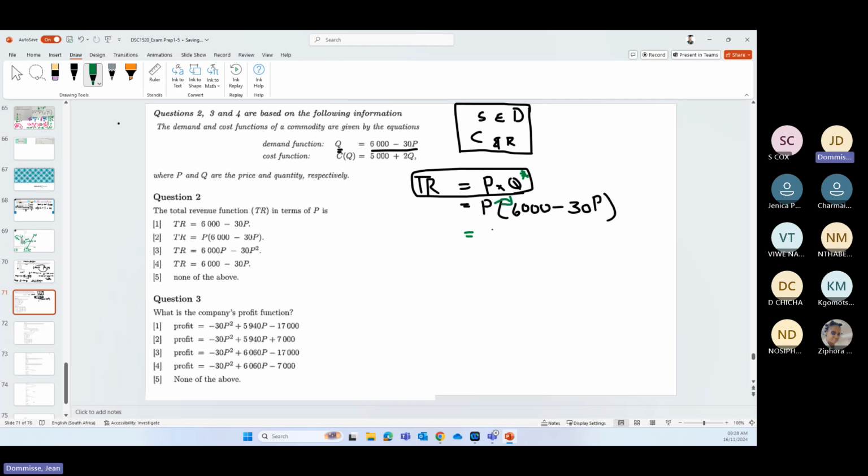P times 6,000 is 6,000 P. P times that, it still stays minus 50 P to a power of 2. And then we'll do the calculation now.